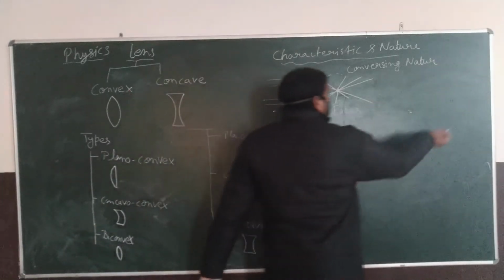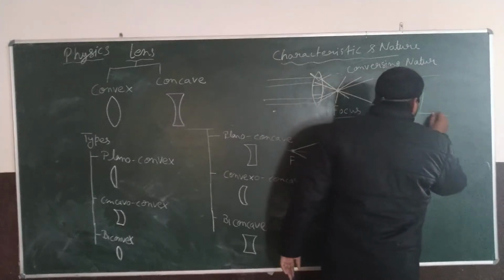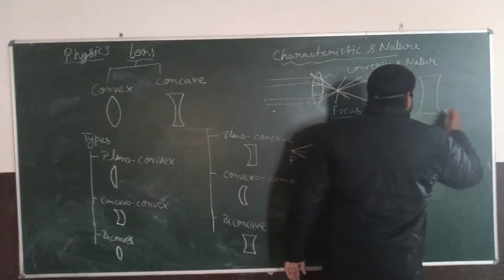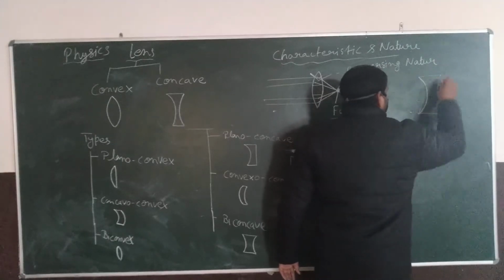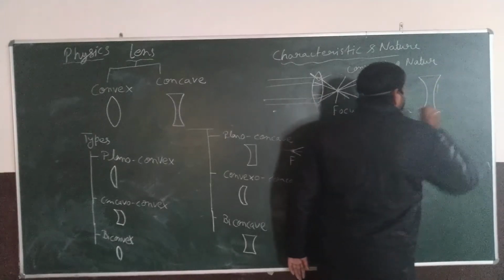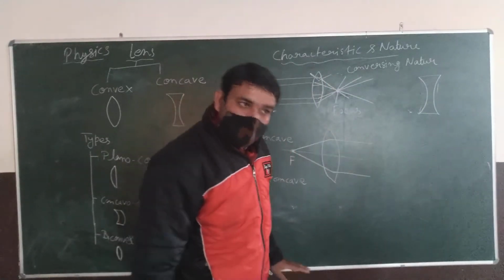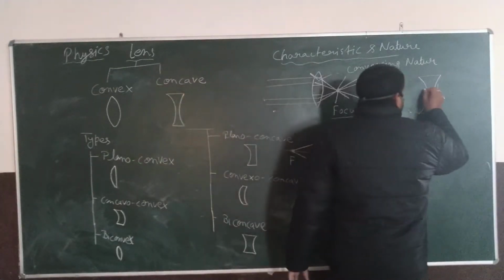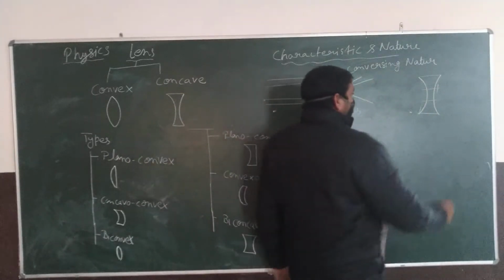Now, second, we have the concave lens. Now we will understand the nature of the concave lens. Assume a concave lens as an inverted prism. I will just show you how it is assumed like an inverted prism.